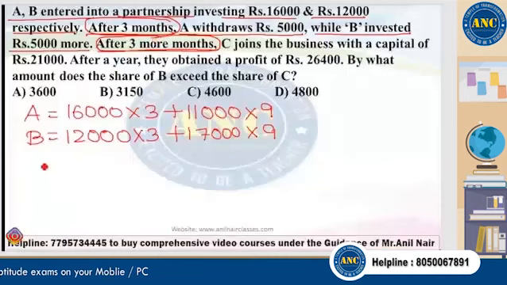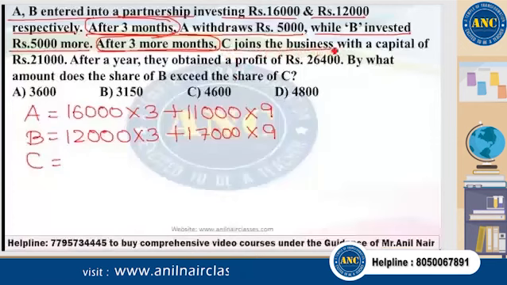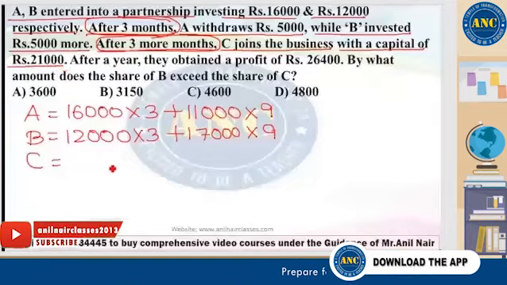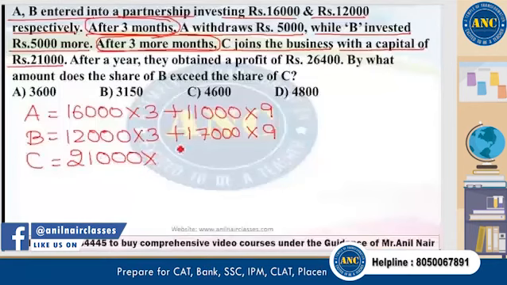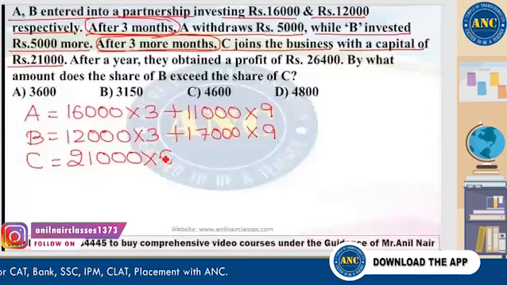That means C joins the business after 6 months with a capital of 21,000 rupees. That means 21,000 he will pay for 1 month. After 6 months, if he is joining, it means for the last 6 months he will count every month 21,000. So it is 21 into 6.